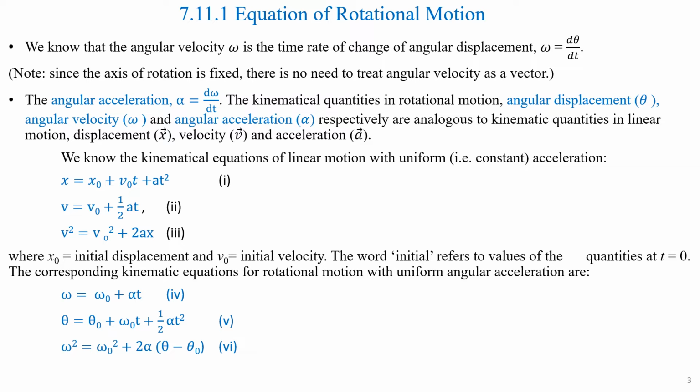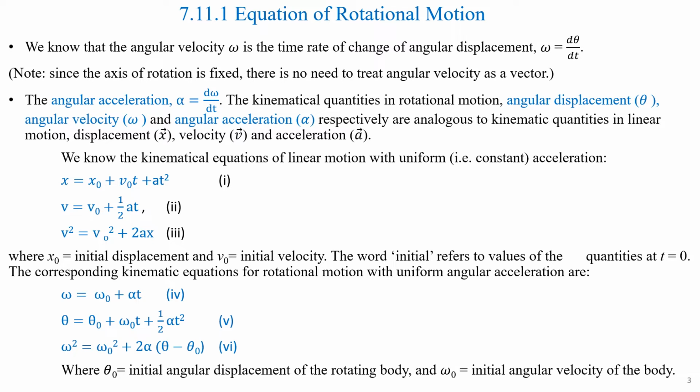Let these be equations 4, 5 and 6. Here, as said earlier, theta naught equals the initial angular displacement of the rotating body, and omega naught equals the initial angular velocity of the body.